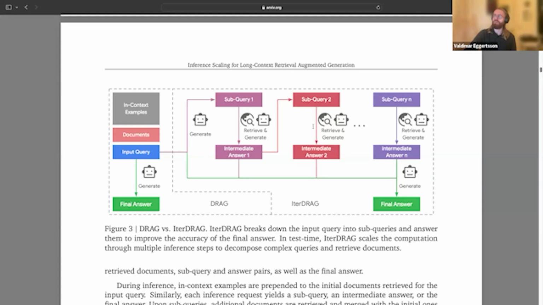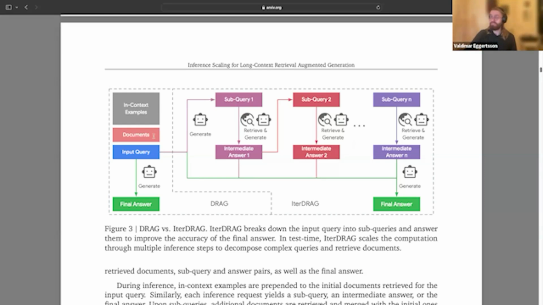Then you can ask who wrote Return of the King. And every time you retrieve some documents, you make an intermediate answer. And I think they just concatenate everything together in the end, up to 5 million tokens. Yeah, 5 million in 5 iterations actually. There's like 1 million each iteration. And get the final response.